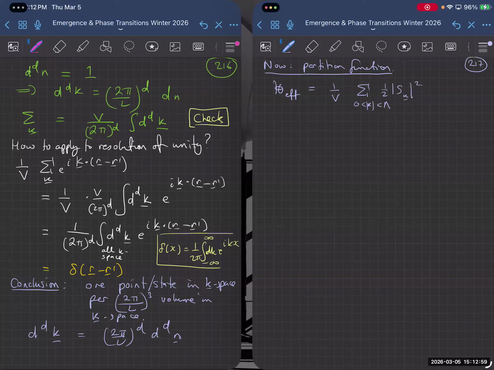And so that is then equal to the integral from minus infinity to infinity, the product over 0 less than k less than lambda, d s of k, e to the minus the effective Hamiltonian as a function of s of k. Like that.